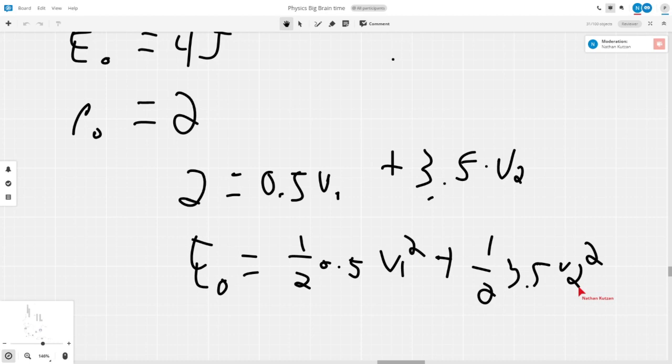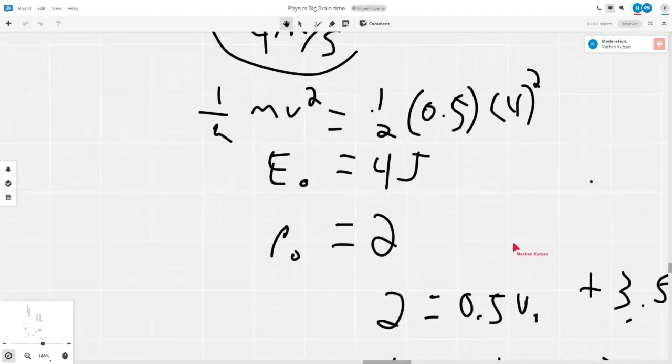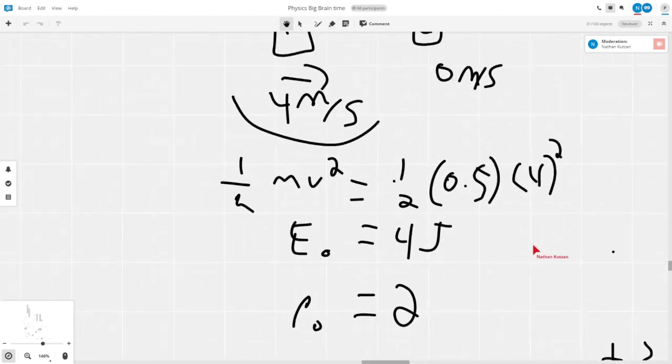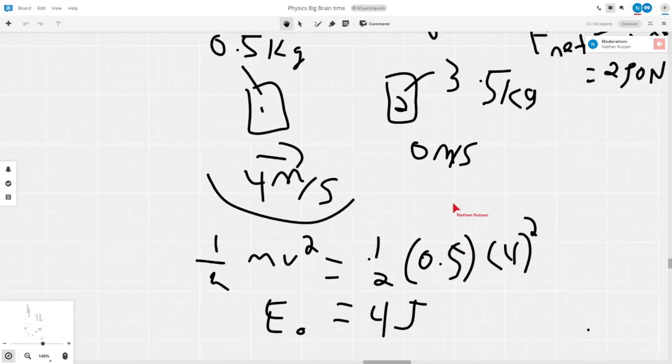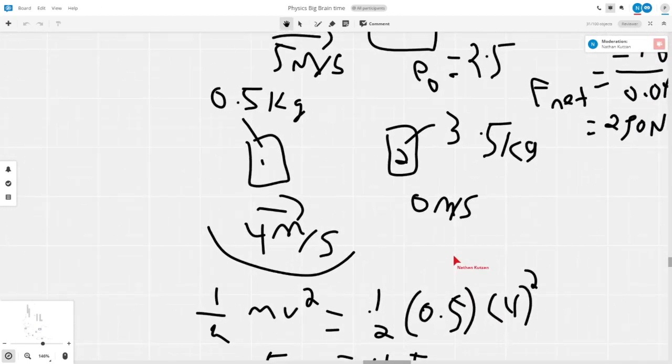It's not a static formula. You have to understand that, and I know there's too many letters, and it's kind of difficult. But what you have to understand is that you can get an initial momentum and an initial kinetic energy, and you can get a final momentum and a final kinetic energy. The initial momentum is equal to the final momentum, and the initial kinetic energy is equal to the final kinetic energy. Those are the 2 pieces you need to know.